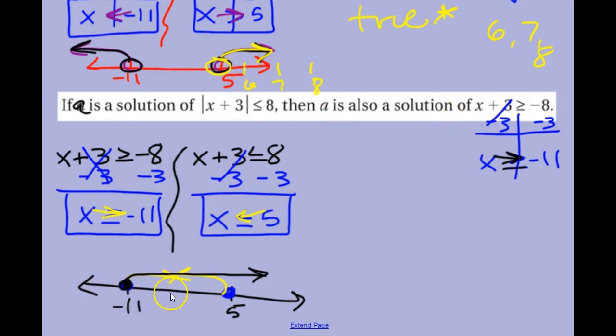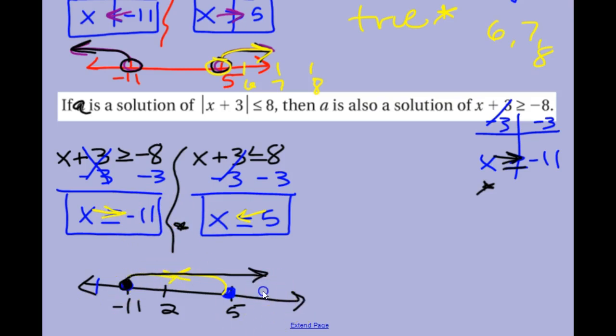So if I pick the number 2, 2 is a solution here because it fits between the two, and it's a solution here, so 2 works. So we're just going to test some numbers. But I'm going to test some outside here. If I test negative 12, nope, not negative 12, because that's not a solution of these ones here.